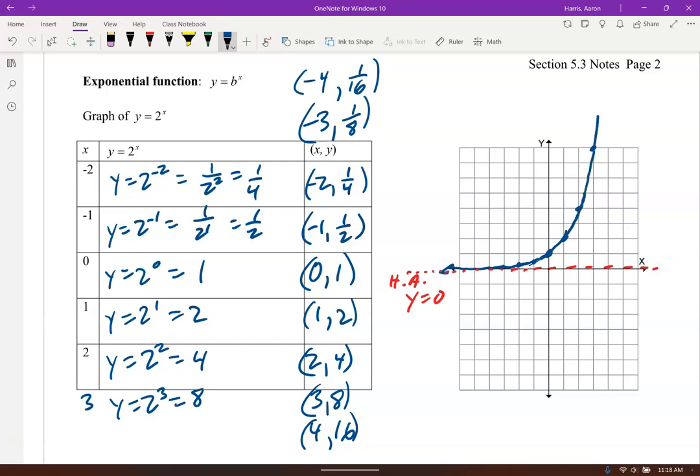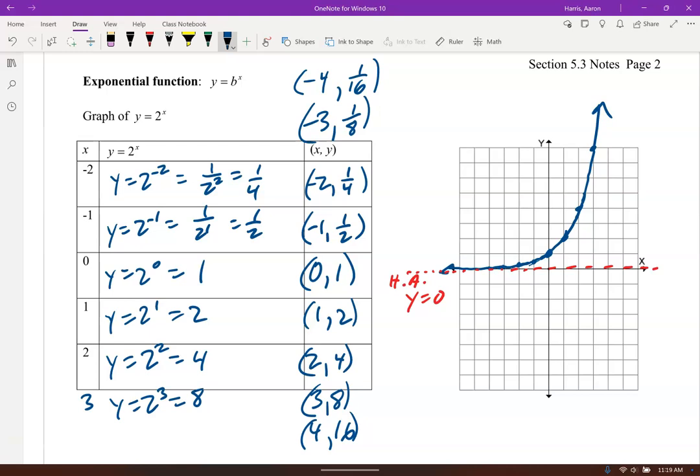It's shooting up to infinity. Right? As x gets increasingly larger, y gets increasingly larger. But as x gets smaller, right, we pick values like -3, -4, -5, and so on. As I let those values approach negative infinity, the y value approaches 0. Right? So that's why we have that horizontal asymptote at y = 0.